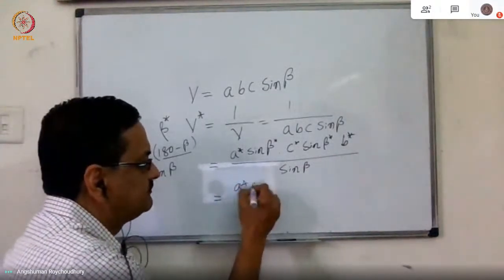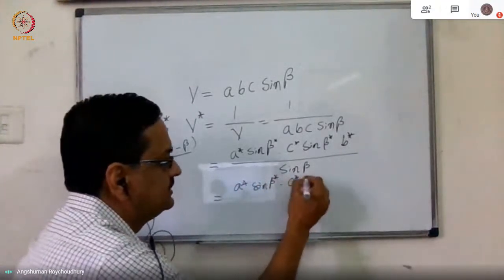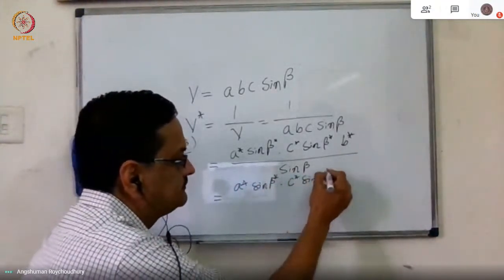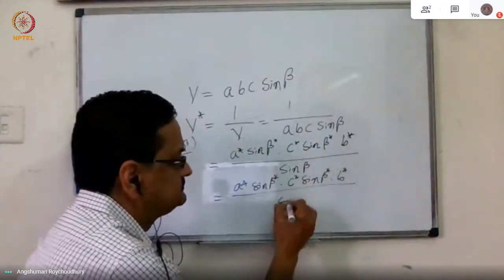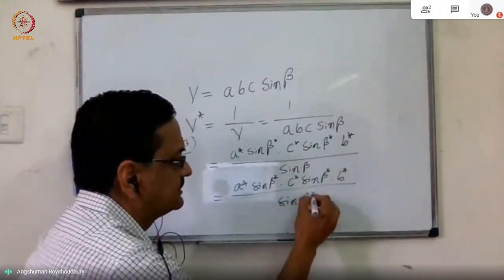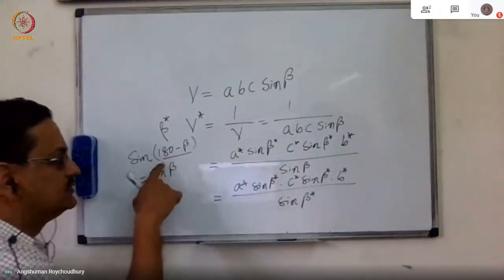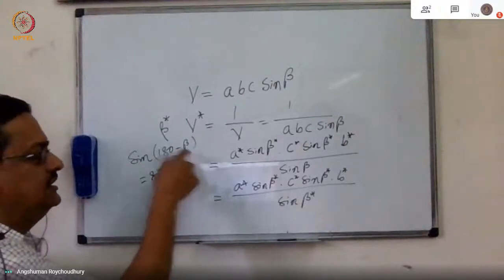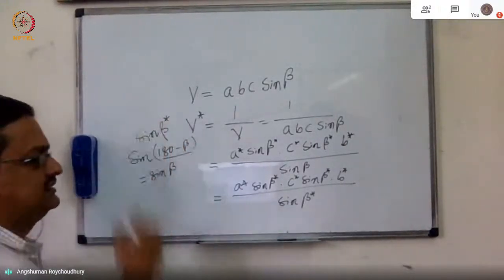So a star sin beta star into c star sin beta star into b star divided by sin beta star. Because if I write sin beta, which is equivalent to sin of 180 minus beta, and sin of 180 minus beta is nothing but sin beta star.